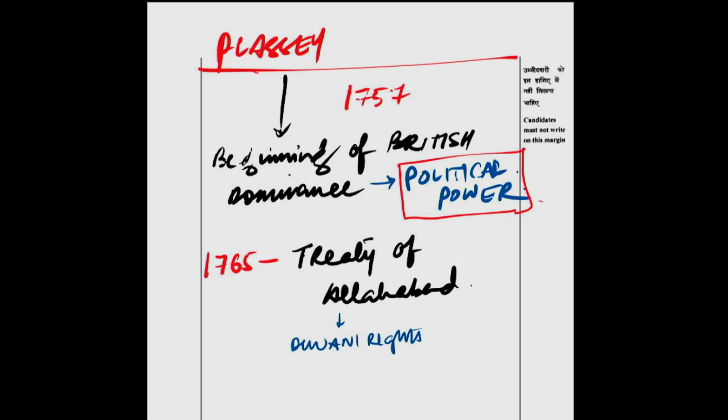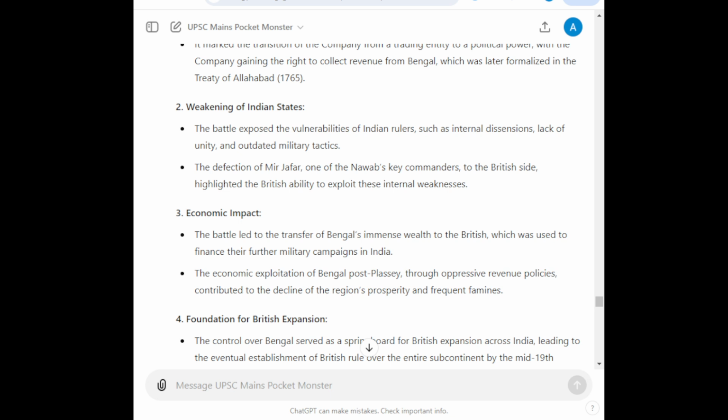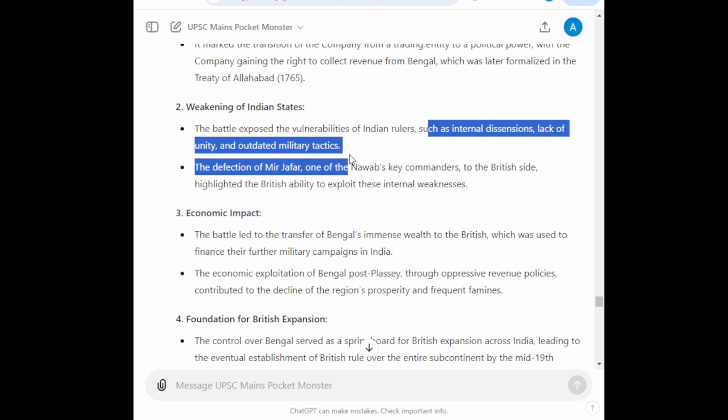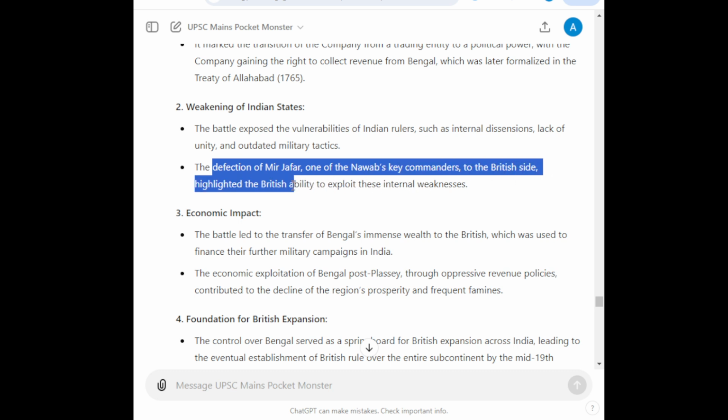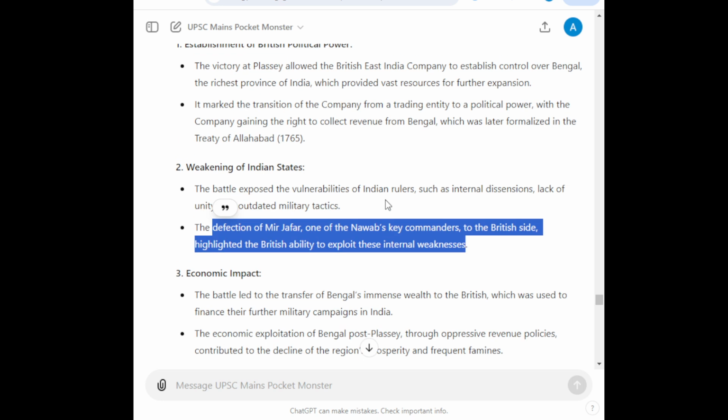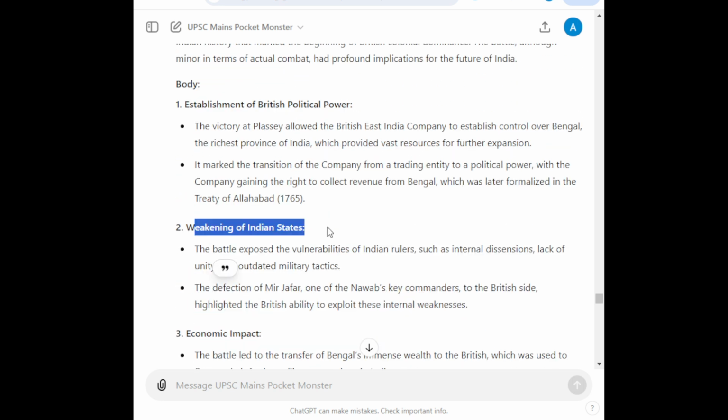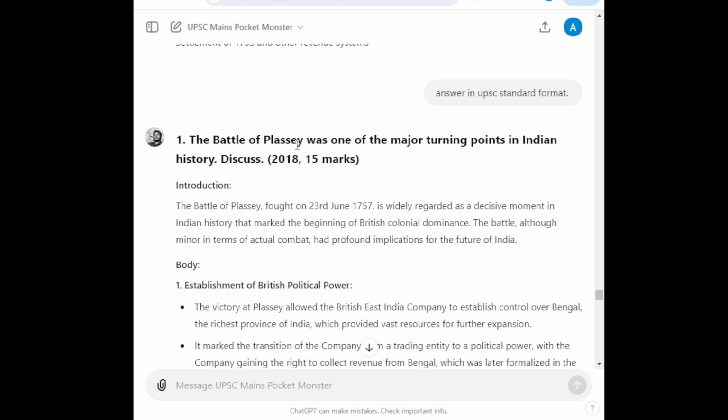So, weakening of Indian states. The battle exposed vulnerabilities of Indian rulers, such as internal dissensions, lack of unity, and outdated military tactics. And the defection of Mir Jafar, one of the Nawab's key commanders, to the British side, highlighted the British ability to exploit these internal weaknesses. So it says one of the reasons is, let's just look at the question, was major turning points in Indian history.